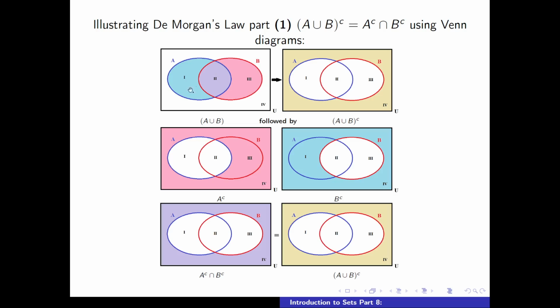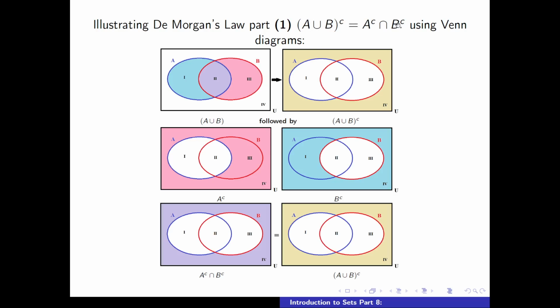A union B is going to be regions 1, 2, 3, as we see highlighted in multiple colors here. If we take the complement of that, the complement of the regions highlighted, so we've highlighted 1, 2, and 3, the complement will be region 4 and only 4. That's the left-hand side.